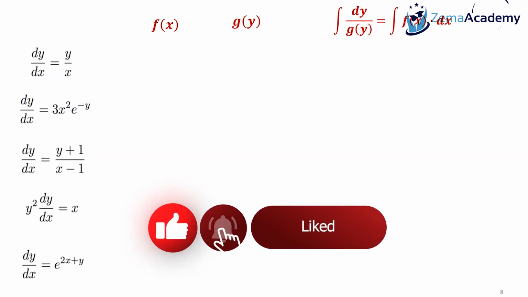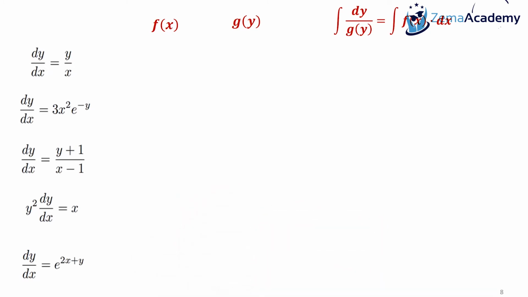I have got a few examples on the left hand side, 5 examples, and what I want from you is that any one of you, or perhaps why don't we do this today, write it out maybe in the chat function, that for this equation dy by dx equals y over x, what is f(x) in this equation?